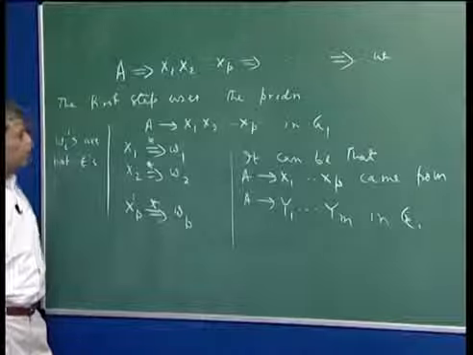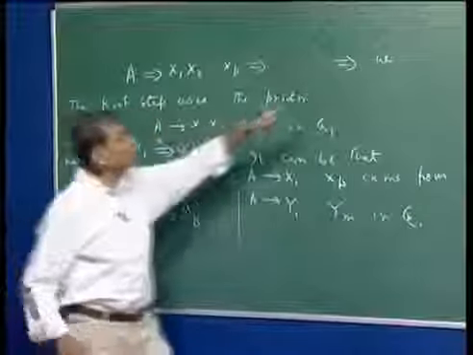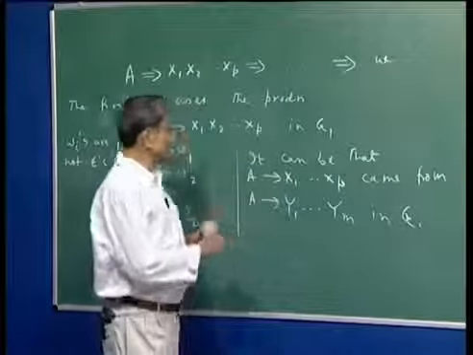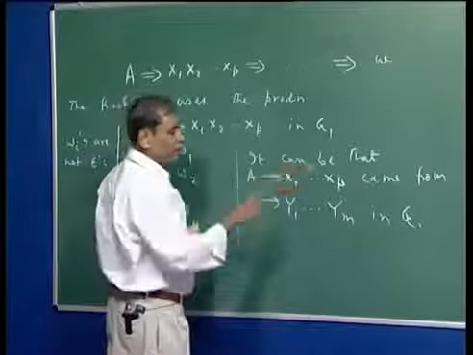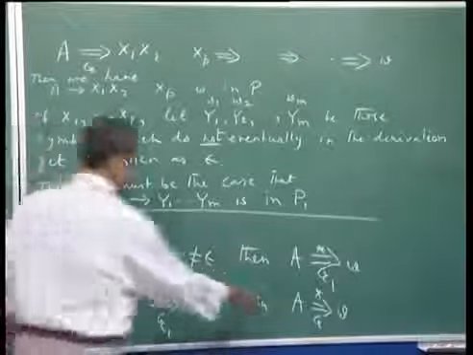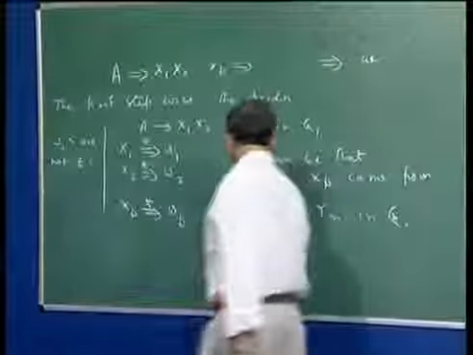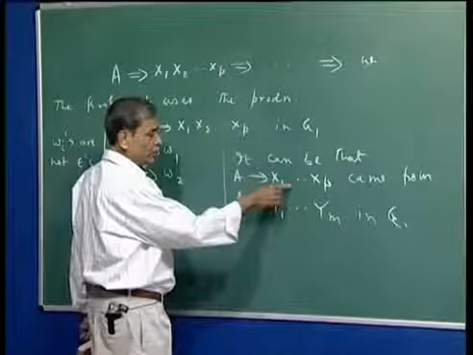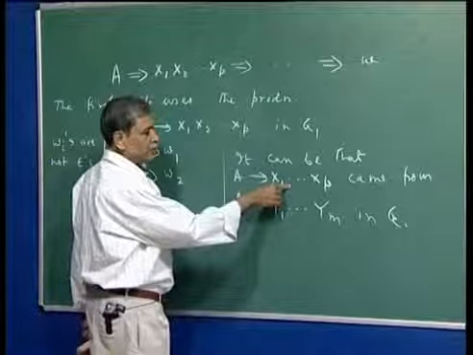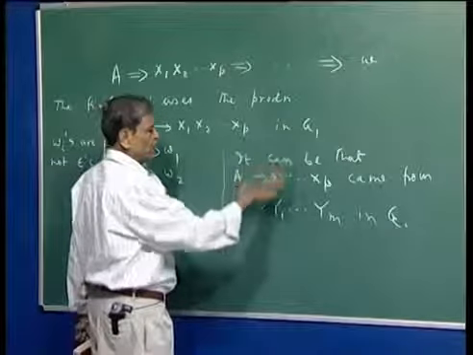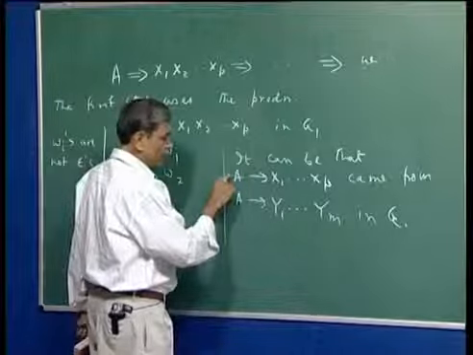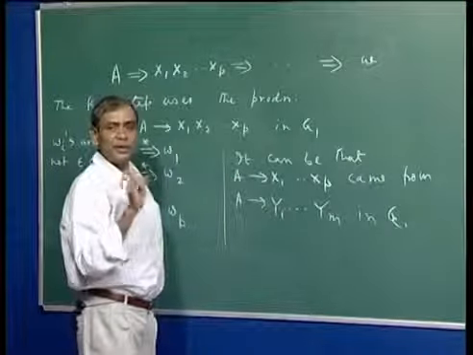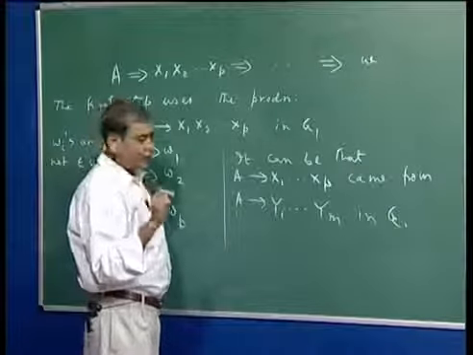So now we want to show that the same W can be derived in G. What we do as the first step of the derivation is use this production, and those symbols which were removed to get this particular production in G1 from the production of G must be nullable symbols.